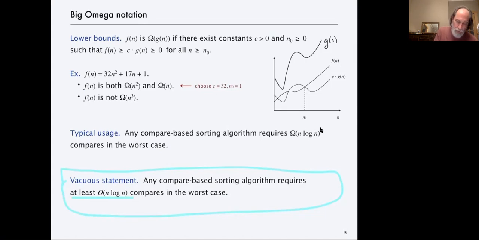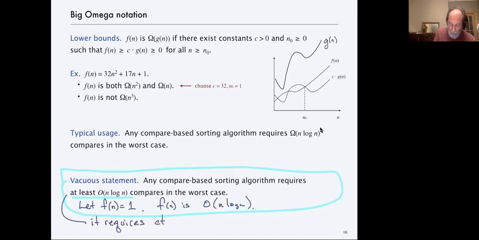Why? Let's just make that clear. Let f of n equal 1. Then f of n is big O of n log n. So all you've really said here is that it requires at least one comparison.